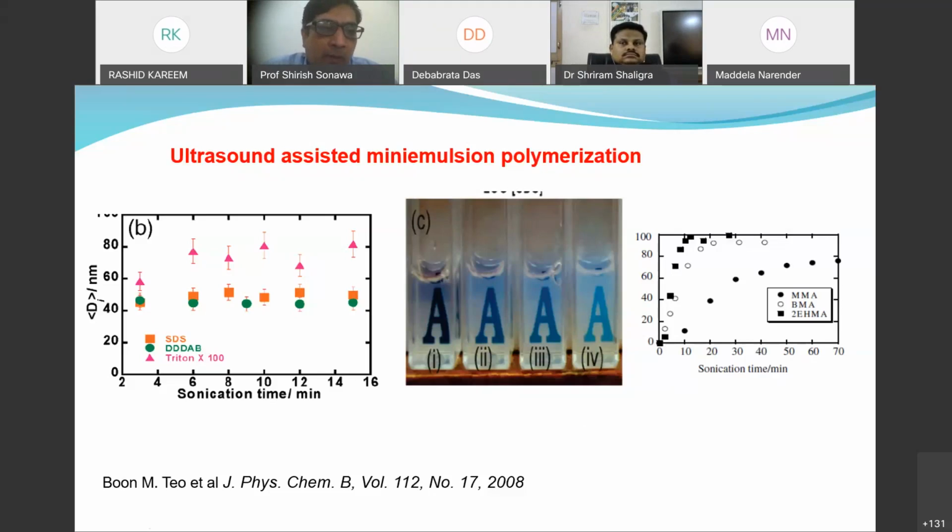This is more important. Within a short period of time, you get polymerization. Conventionally, it always goes to auto acceleration, and the molecular weight doesn't remain in control. Using this ultrasound mini emulsion polymerization, we can also bring out controlled molecular weight.